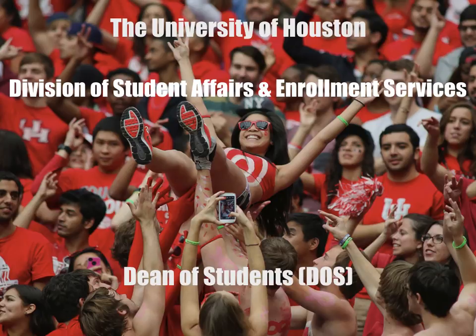This division oversees the programmatic aspects of 28 different offices and departments related to the enrollment and co-curricular experience. If you think about everything outside of the classroom and athletics, chances are it falls under the Division of Student Affairs and Enrollment Services. The Dean of Students office then makes up one of those 28 departments. We're charged with administering the Student Code of Conduct and adjudicating any alleged violations of student behavior.